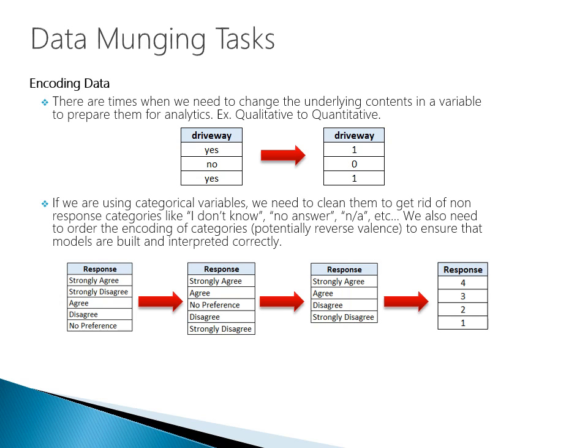I don't want to have a value of 4 equate to strongly agree, and then a value of 3 equate to strongly disagree. That doesn't make sense. So no preference, for example, doesn't offer any value. It's neutral. So do I even want to include that when I'm going through my encoding of my data?